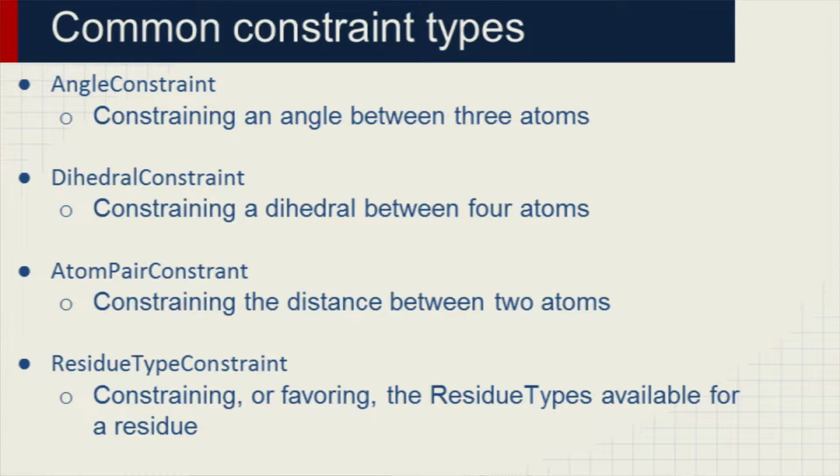These can be between any set of atoms as well. So you can do through-space distances or through-space angles and constrain that way. And again, also mentioned were residue type constraints, where at a particular position when you're doing design, you can say, I want to favor these particular types of residues.